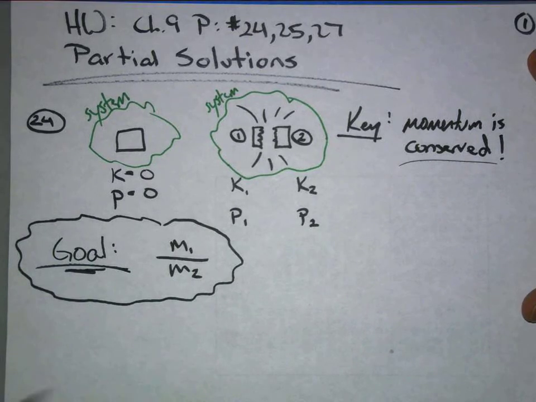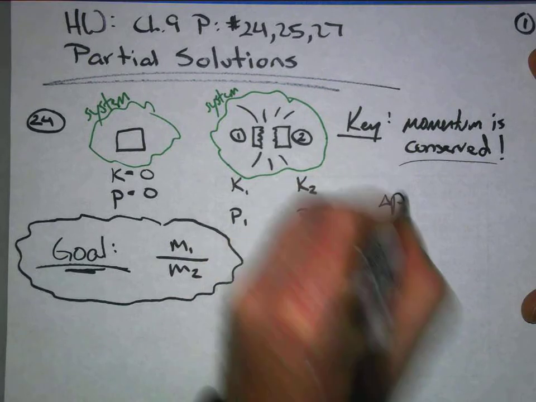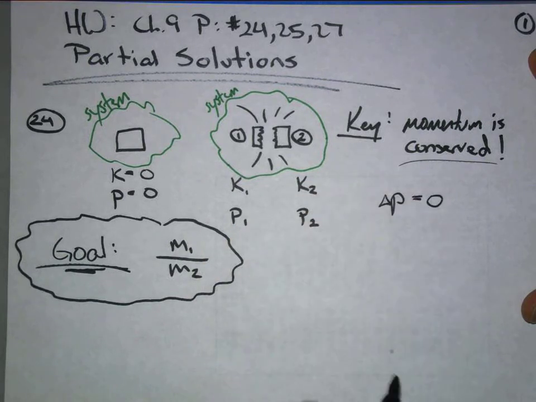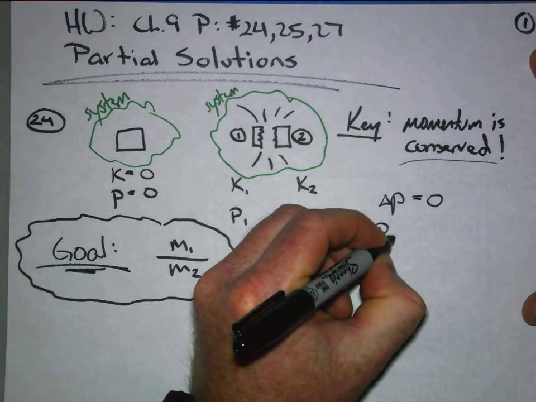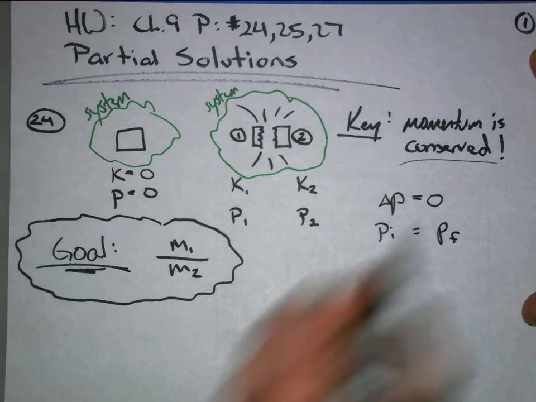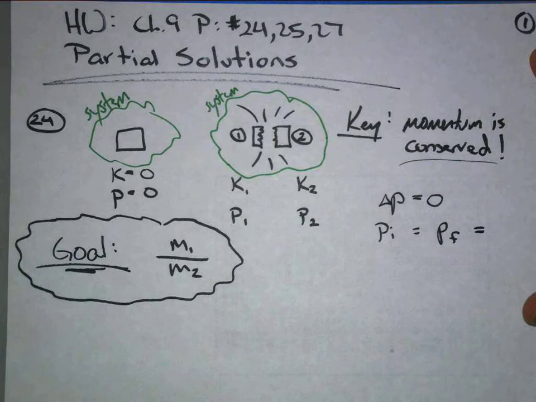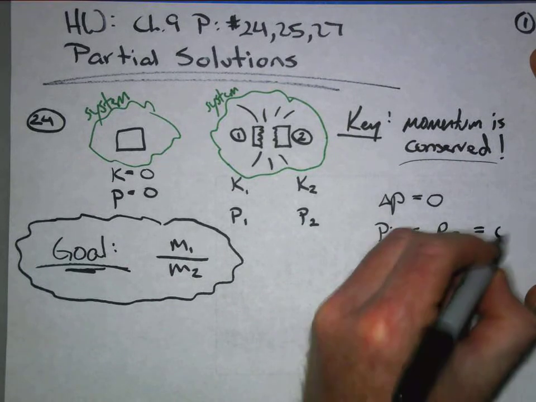And that's critical. When momentum is conserved, the change in momentum is zero from a before and after situation. From that we can see that the initial momentum will equal the final momentum, and each one will be 0.